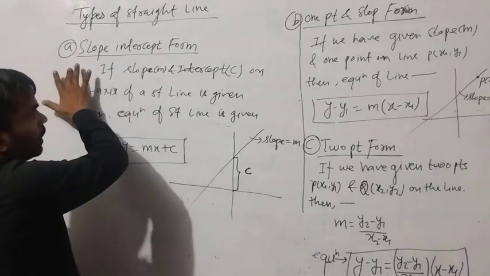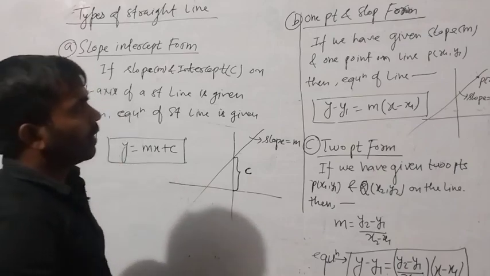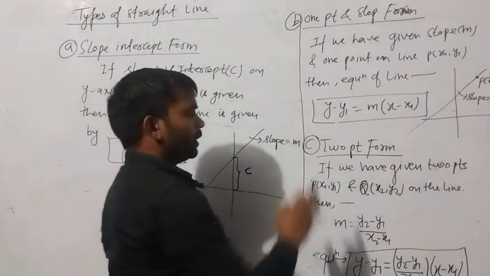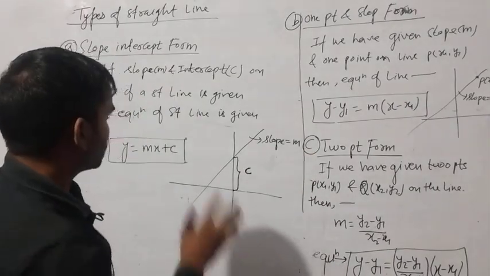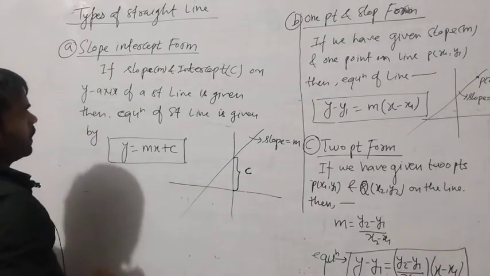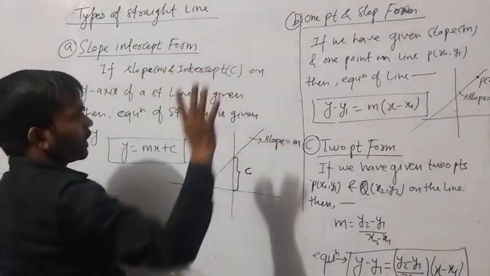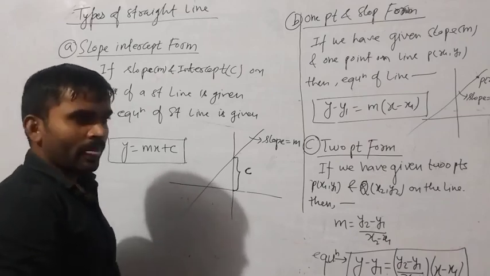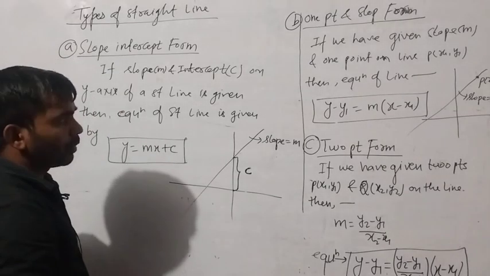So first, slope intercept form, second, 1 point slope form, and third, 2 point form. If you notice, in all the 3 forms there is some other type of straight line, but see some important concept.